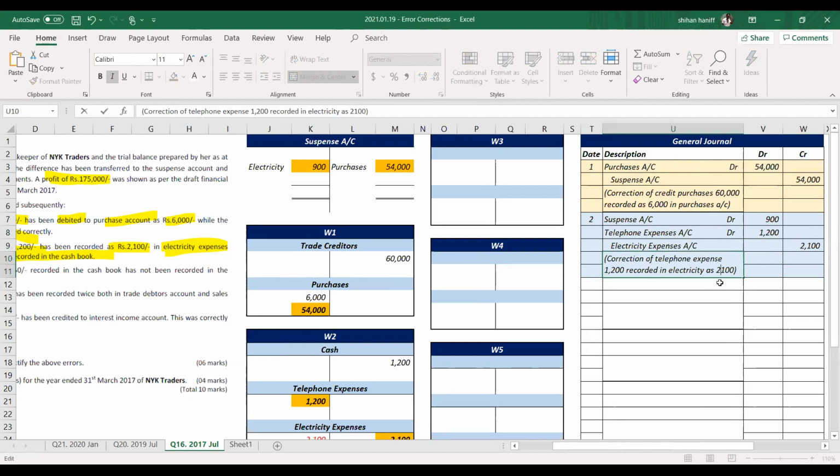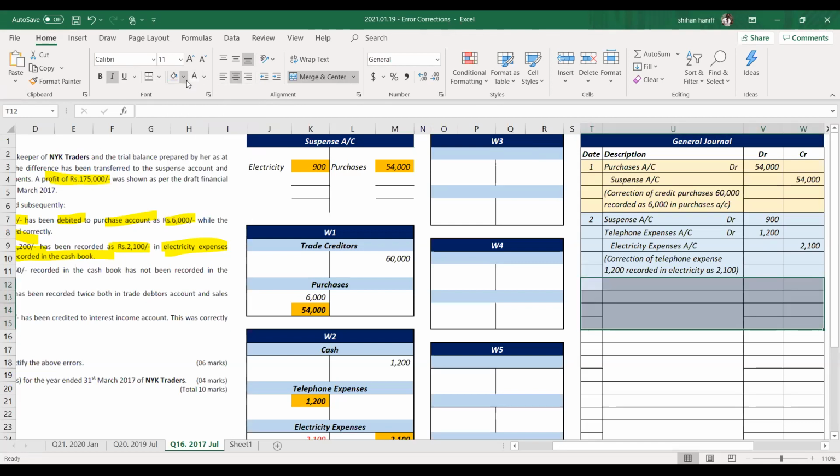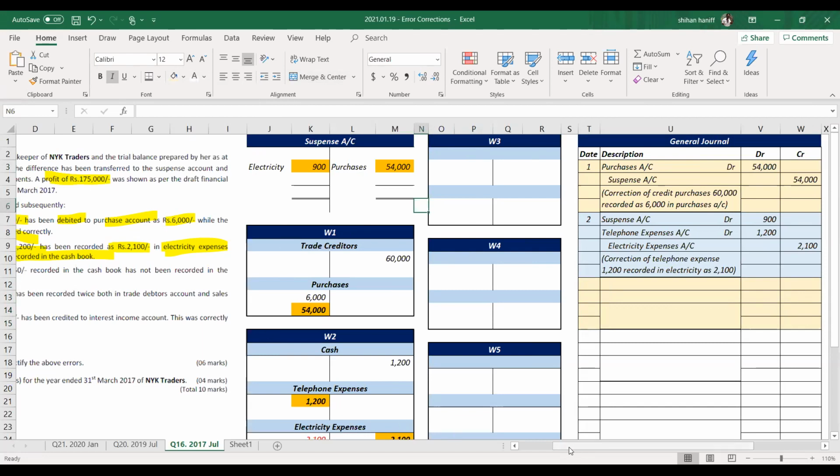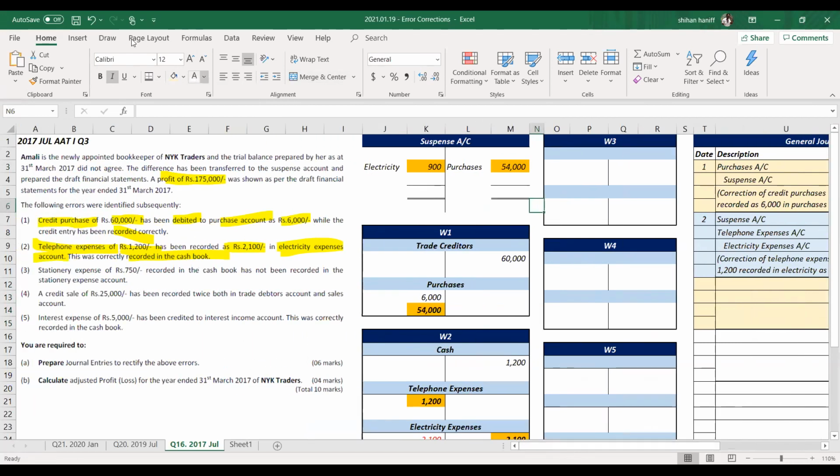Correction of 1200 telephone expense recorded in electricity expense account as 2100. That's correction. Complete.